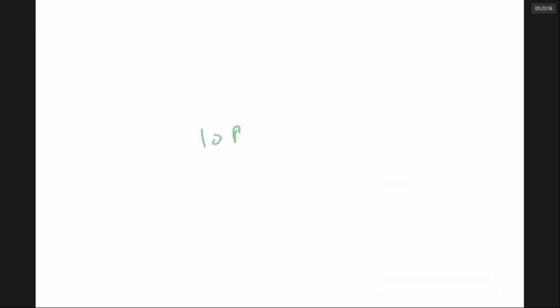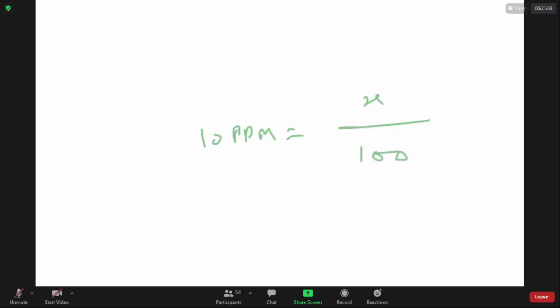Required ppm is equal to the mass of the material required in milligrams divided by the total mass of the solution in kgs. That is a shortcut formula. Okay, sir? Yes, sir.